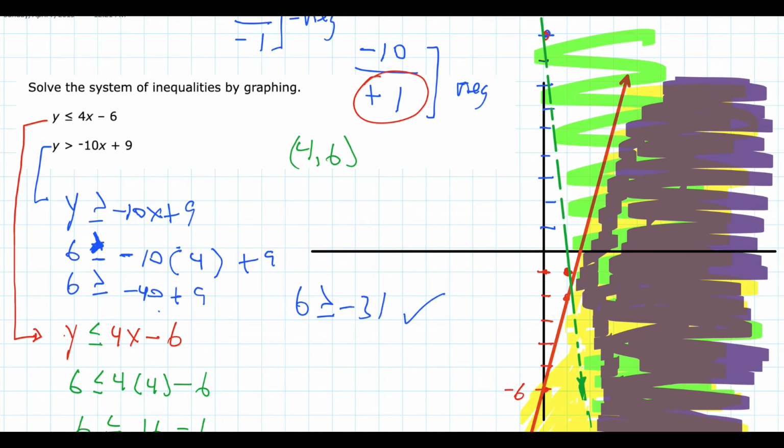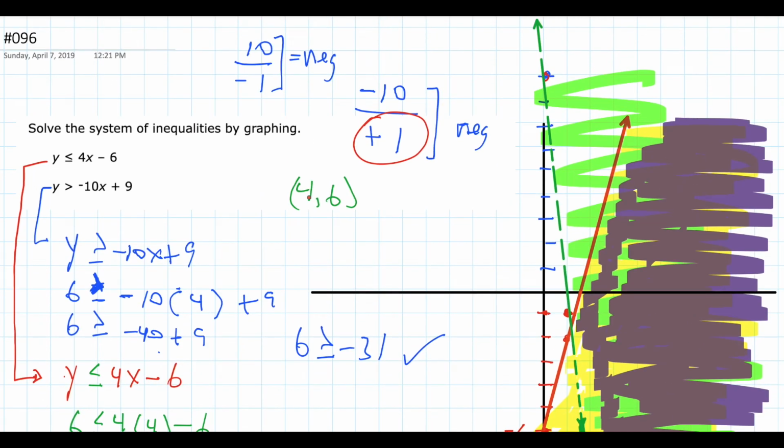So any point in that region will be true when you plug it into the equations. Anything outside will be false, and you'll get something like 5 is less than 0. Make sense? Yes.